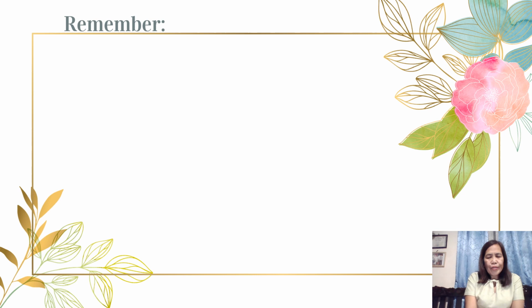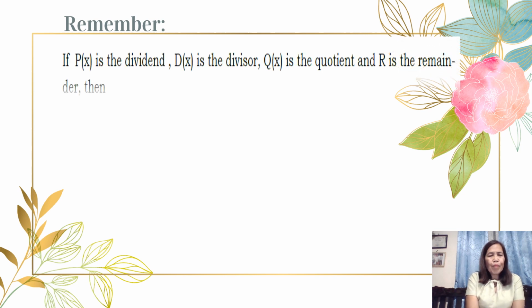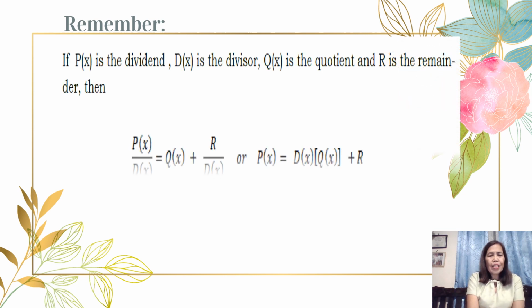So, remember, if P of X is the dividend and D of X is the divisor, Q of X is the quotient, and R is the remainder, then, so ito yung representation natin, P of X over D of X equal to Q of X plus R over D of X, or P of X equal to D of X times Q of X plus R. Yan.